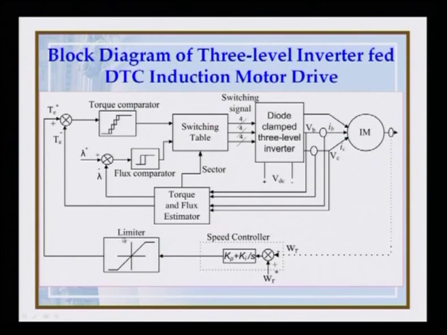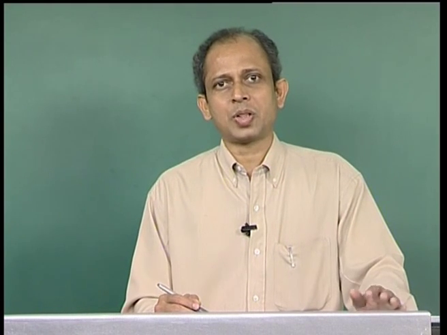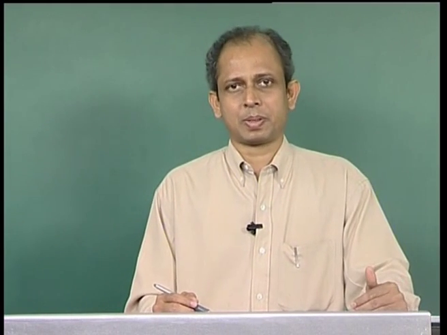And then we have a limiter, because this PI controller can sometimes integrate the error, which may reach a very high value. So, to limit the torque to a practical limit, we limit the torque to a positive limit and a negative limit.